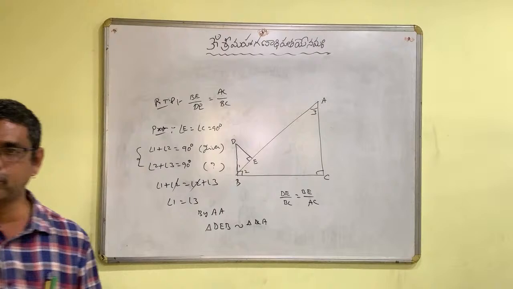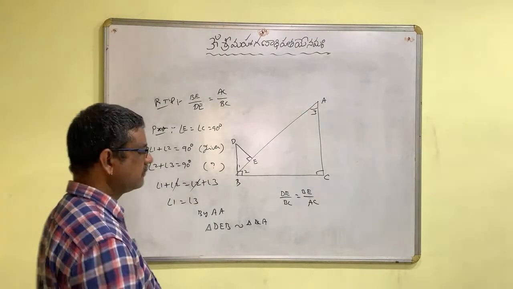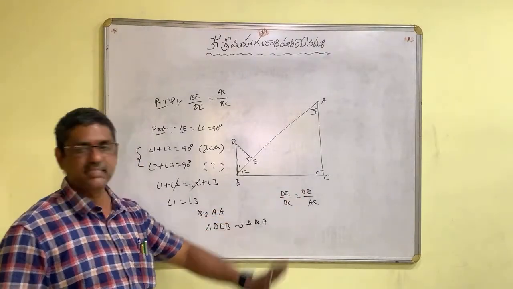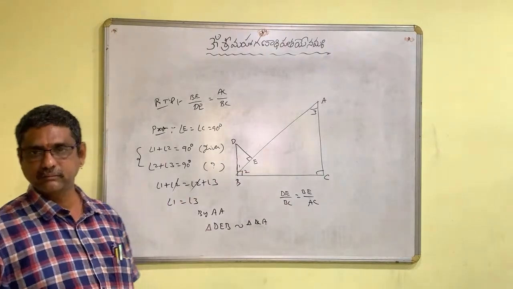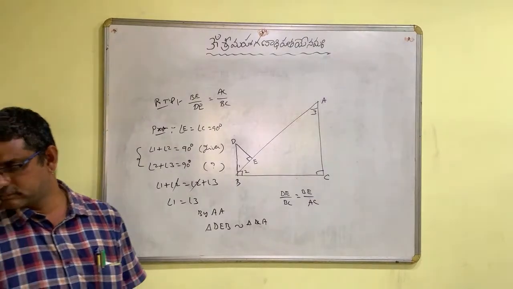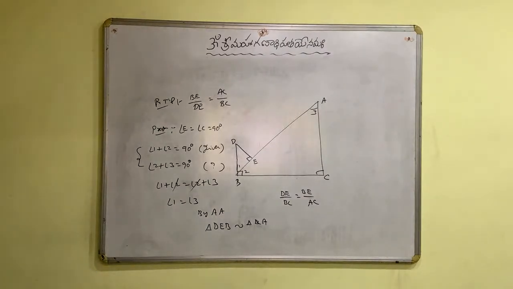Observe what we have to do to get the answer. Can anyone say? DE by BC is equal to BE by AC we got because these two triangles are similar. But I am saying the answer is over. Means we got the answer. Only one step left. Can anyone say what that step is? Interchanging, alternando, correct.